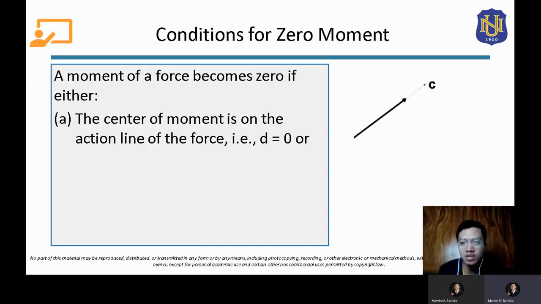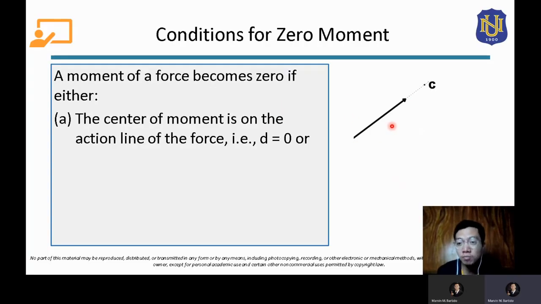Let's say we have here this force and we have here this point C. By the way, the line of action of this force passes through point C. So if we want to solve for the moment of this force about point C, as you can recall, your formula will be the magnitude of your force times perpendicular distance d.